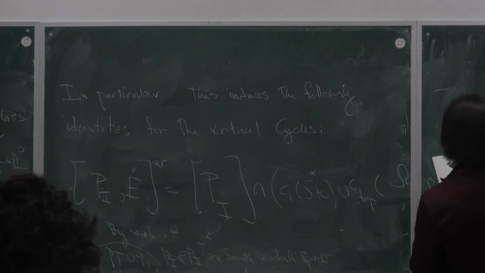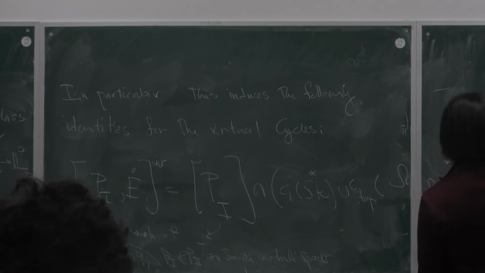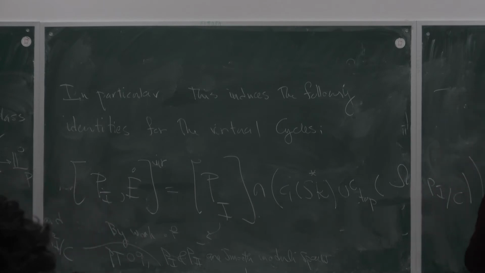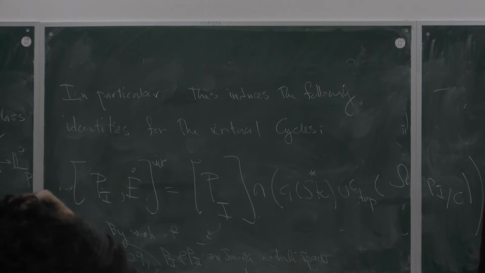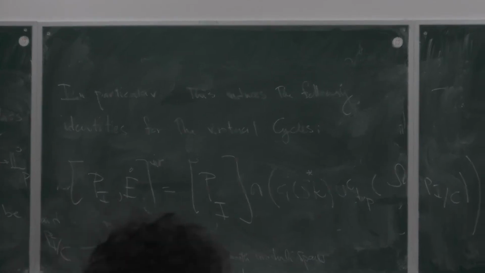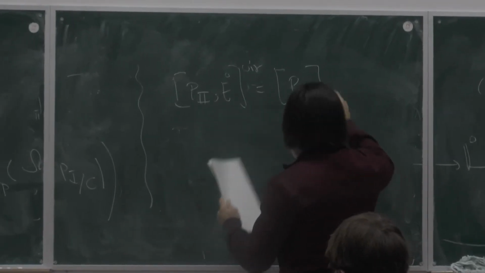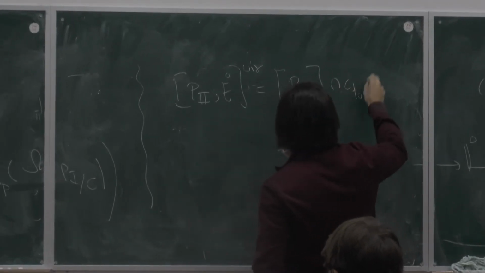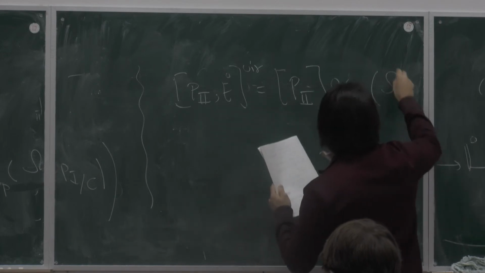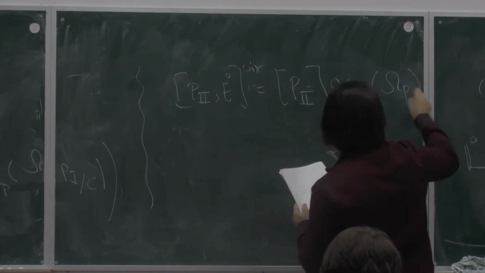The second relation is for type 2 isolated components. This thing is, again, the fundamental cycle, C top of the cotangent bundle of this type 2 component.